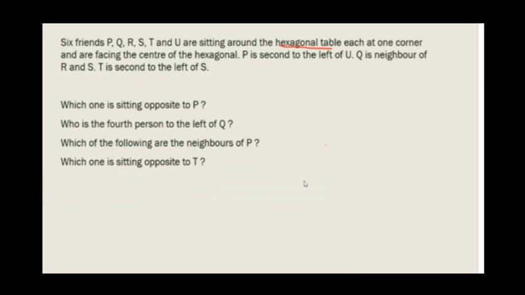Now, hexagonal table, I can take, right, are sitting around a hexagonal table at each one corner and are facing the center of the hexagon. So each corner there is one person and they are facing the center. So dining table, all these problems are nothing but circular arrangement problems.